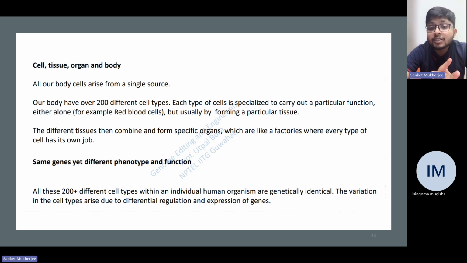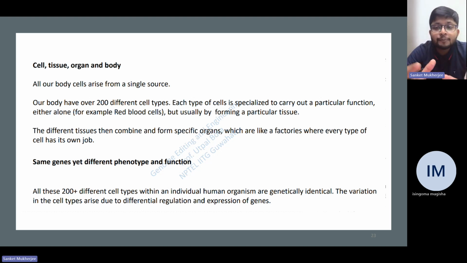Each type of cell is specialized to carry out a particular function, either alone, for example RBCs, or usually by forming a tissue. Different tissues then combine to form specific organs, which are like factories where every type of cell has its own job. Same genes, yet different phenotypes and functions are performed by different kinds of cells.